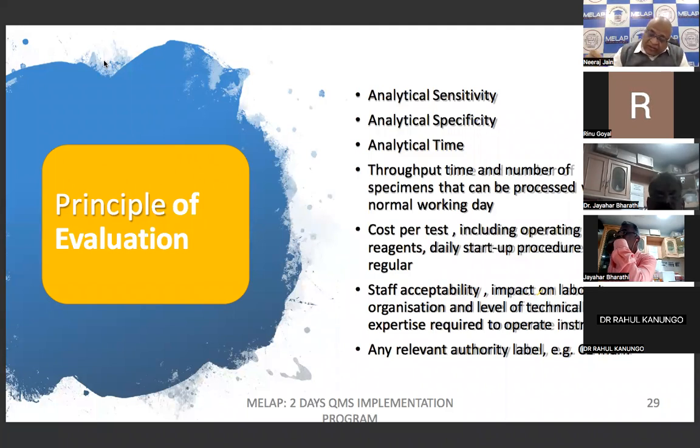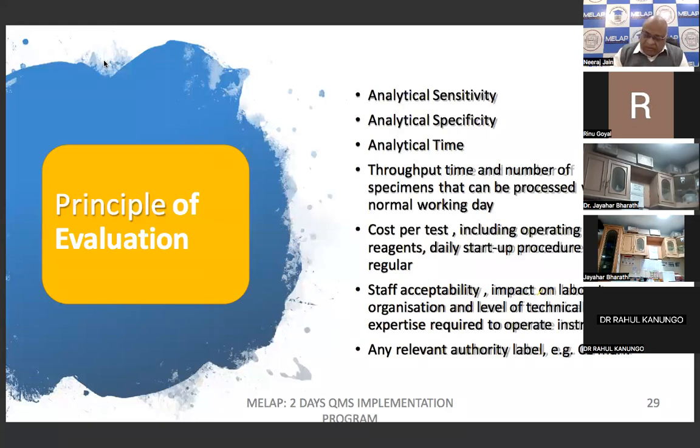And analytical sensitivity is, suppose you have 3 machines for hemoglobin. One machine is providing you hemoglobin 12, 13, 14, 15, 16, like that, a difference of 1. Second machine 12.1, 12.2, 12.3, a difference of 0.1. Third machine 12.01, 12.02, 12.03.